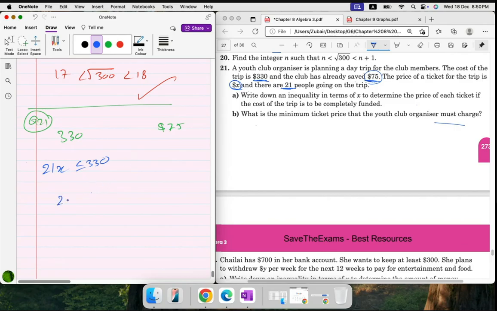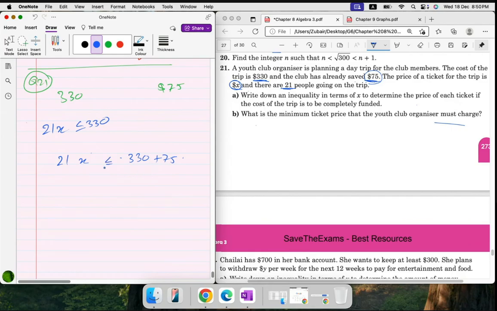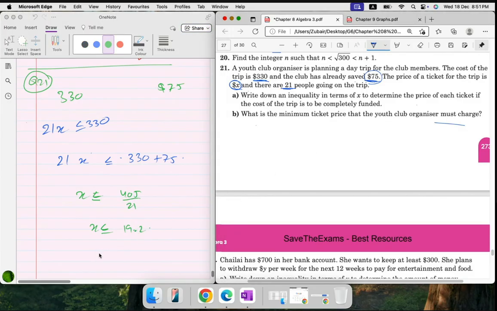There are 21 members and X numbers, and if they are not getting any payback, it should be 330 plus 75. But this will increase the goal. So I guess he should charge 330 plus 75 is 405 over 21. 19.28. Yeah. So he should charge $20 per head.